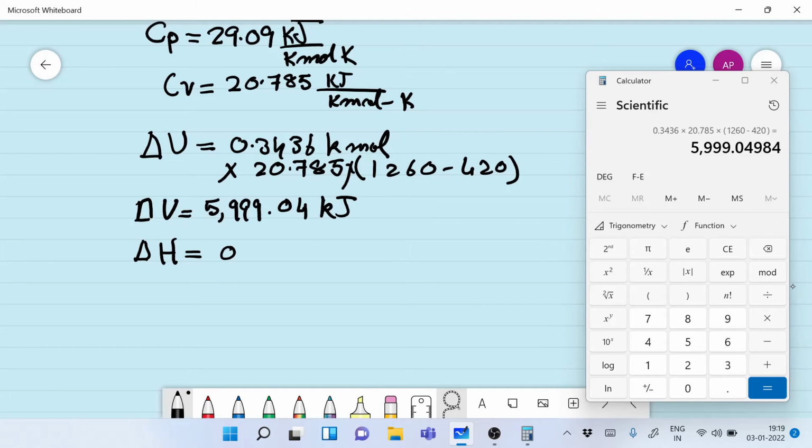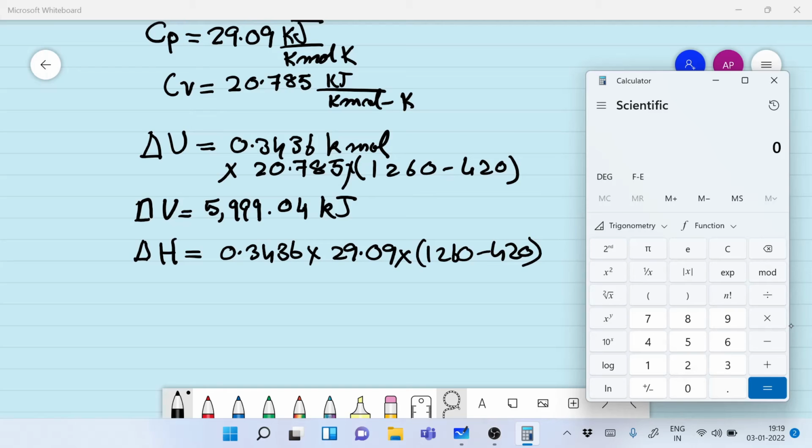First we get the n, 0.3436 into 29.09 into 1260 minus 420.